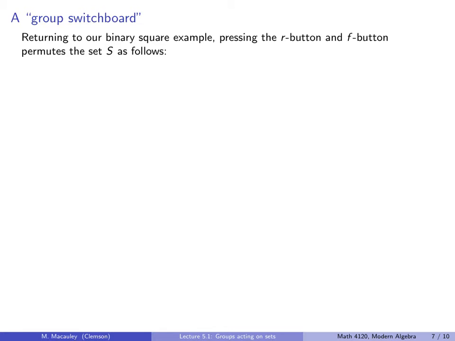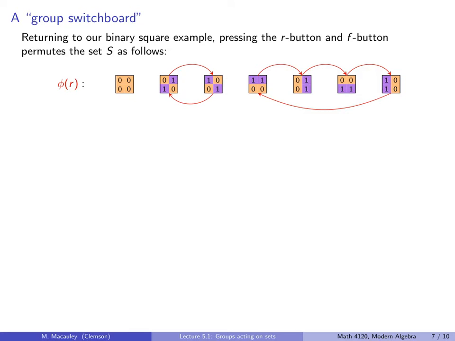Let's return to our binary square example, where pressing the R button and then the F button permutes the set S as follows. Well, that's what you get when you press the R button. It's going to fix this. It's the permutation that swaps these two squares, and it's the permutation that is this 4 cycle that rotates these.